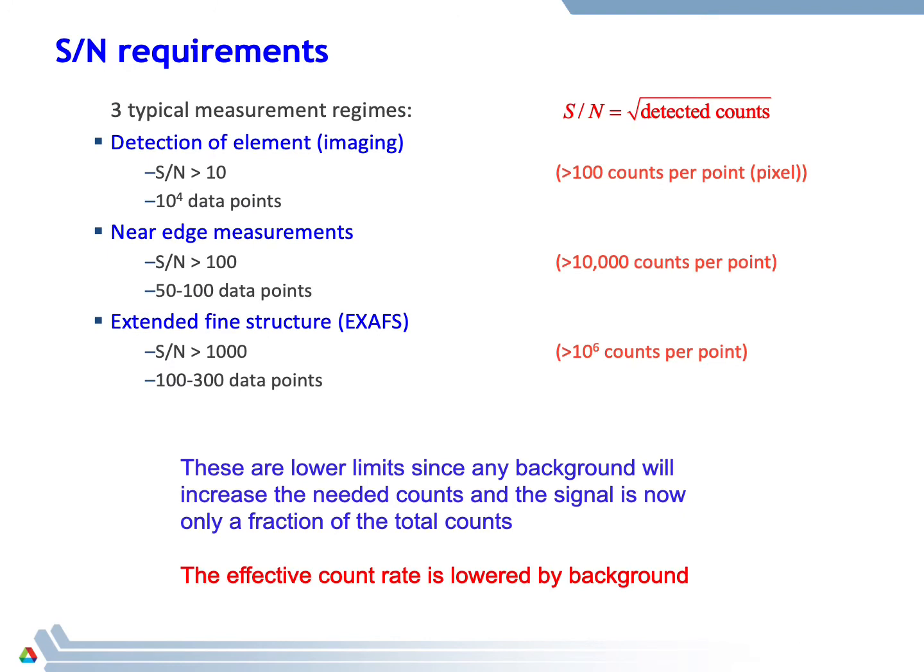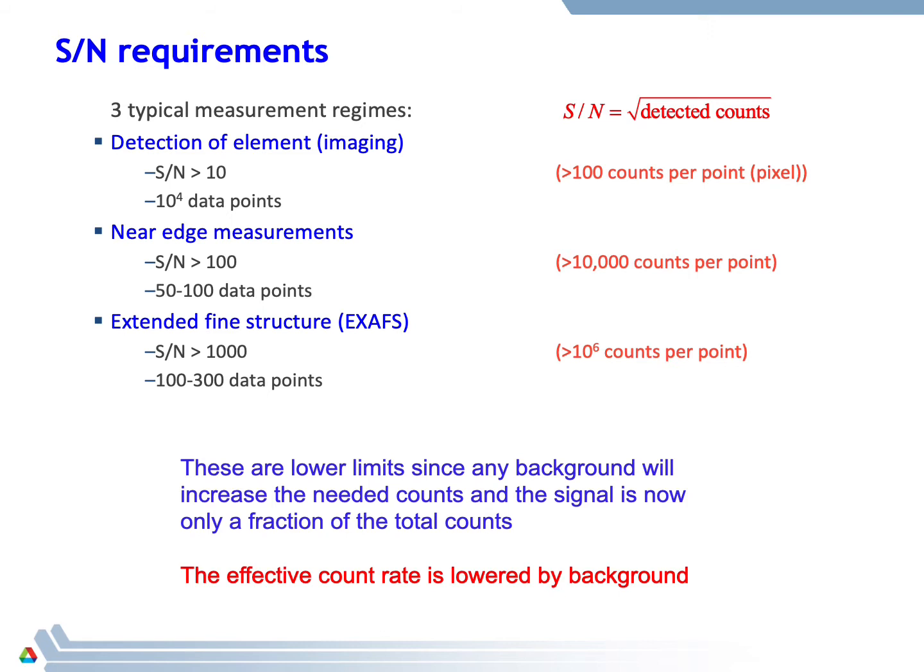So let's start with discussing some basic facts about X-ray absorption experiments. I like to start with the signal-to-noise requirements. There's three different types of measurements you might be involved in. One would be just mapping the sample to find the element of interest if you're doing a microprobe experiment. In that case, you don't need a particularly good signal-to-noise to see the element in the image.